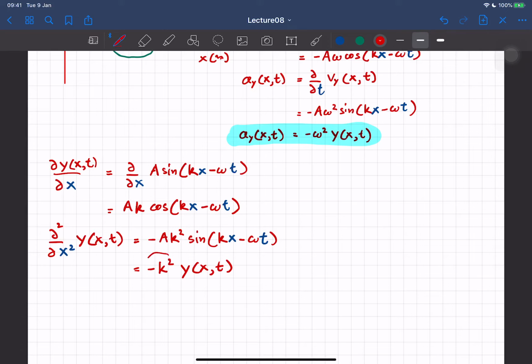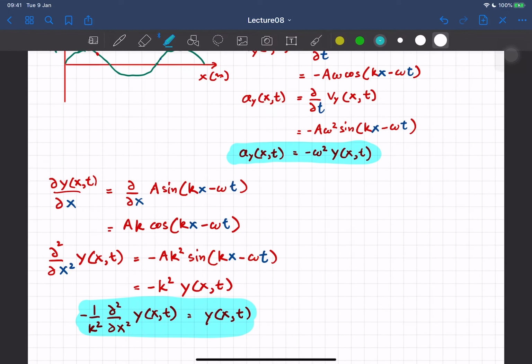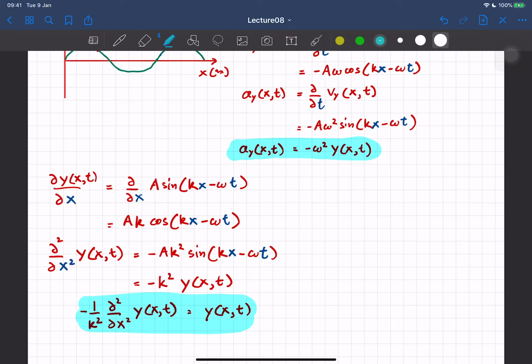I can divide by minus k squared on both sides and then get minus 1 over k squared times the second derivative of y with respect to x, as a function of x and t, equal to y as a function of x and t. Right. So I have this equation. I also have another equation, which is this one.